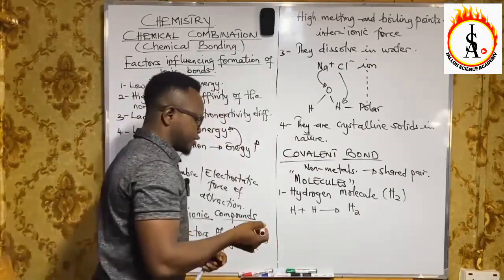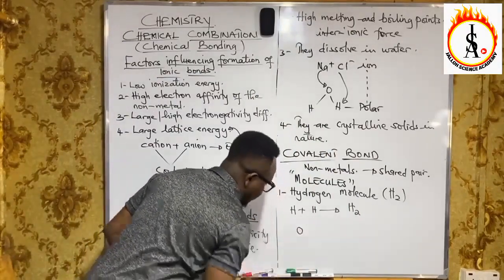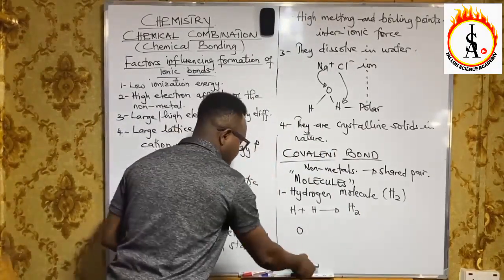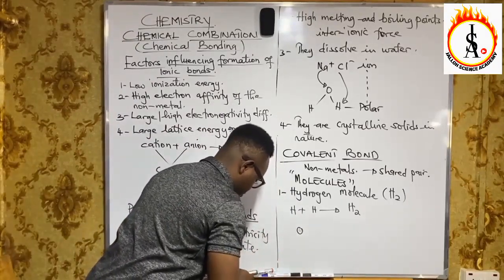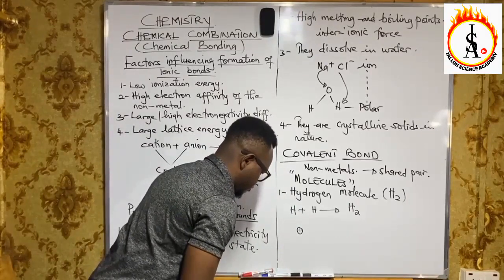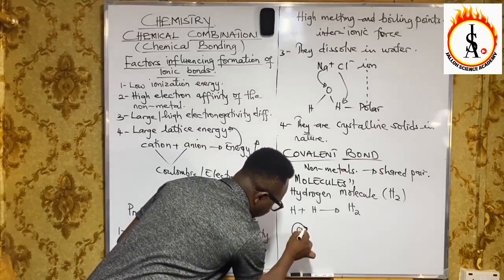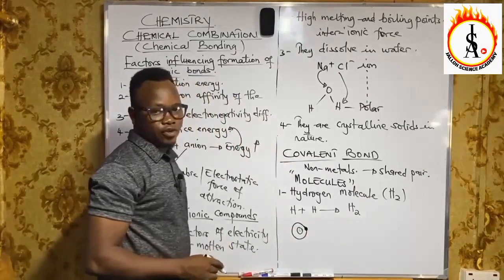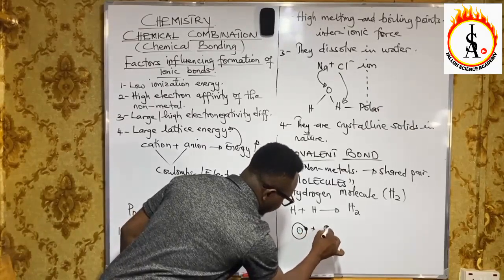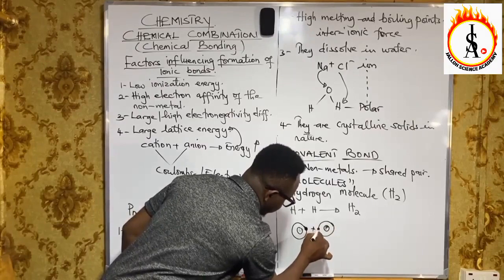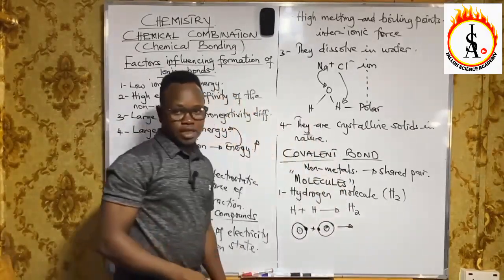Looking at the structure of hydrogen, we know in its nucleus it has only a proton and in its valence shell only an electron. So it is going to combine with another hydrogen, with only a proton and an electron outside here. When these two species combine, what happens?